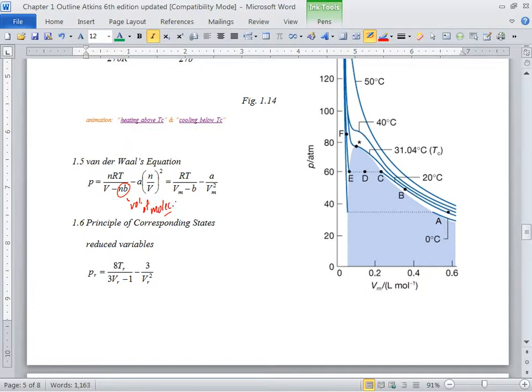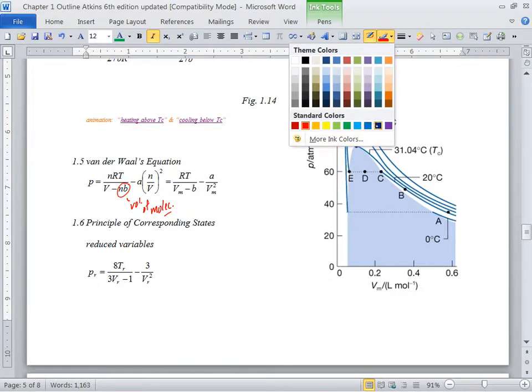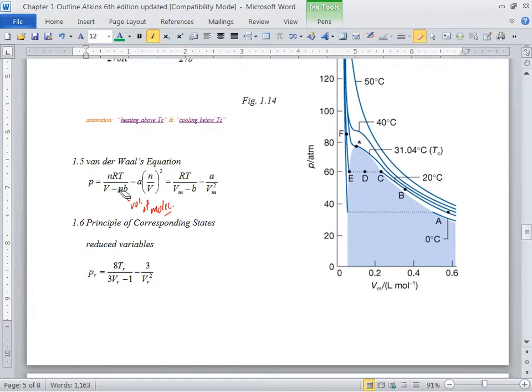So that's why the volume is decreased a little bit. And then the pressure, notice how the pressure is this term minus this term.